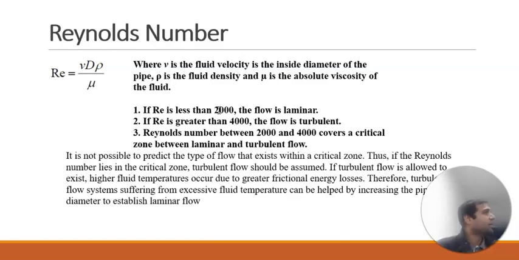Now we only discuss laminar and turbulent, and the Reynolds number value can also be in between 2000 and 4000. So if the value is between 2000 and 4000, we call that a critical zone. So it is between the laminar and the turbulent. It's not 100% laminar flow, it is not 100% turbulent flow.